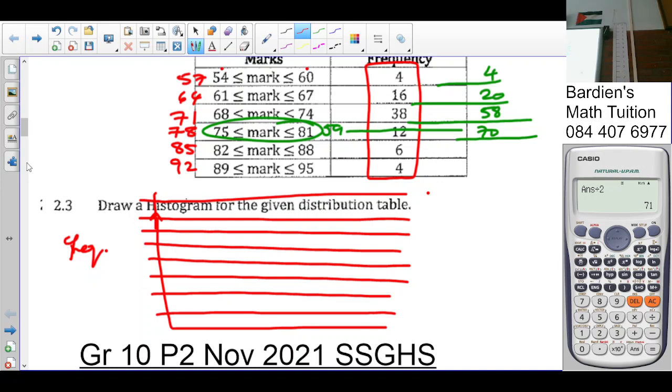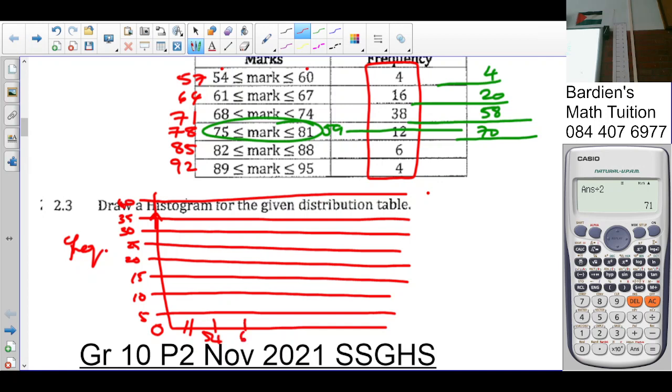We're always going to try and draw it as big as possible. We start at 0, so it's going to be 5, 10, 15, 20, 25, 30, 35. Now if you had gone with 10s, you wouldn't have been wrong, but the graph will be fairly small. So we're going from 54, so we're breaking the graph. We don't need from 0 to 53. Can you see that? So we start at 54.